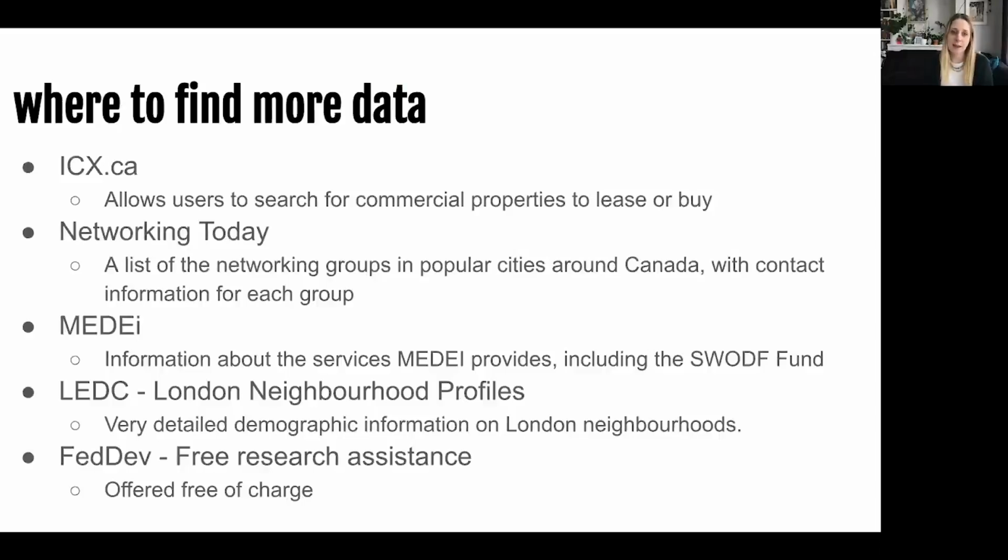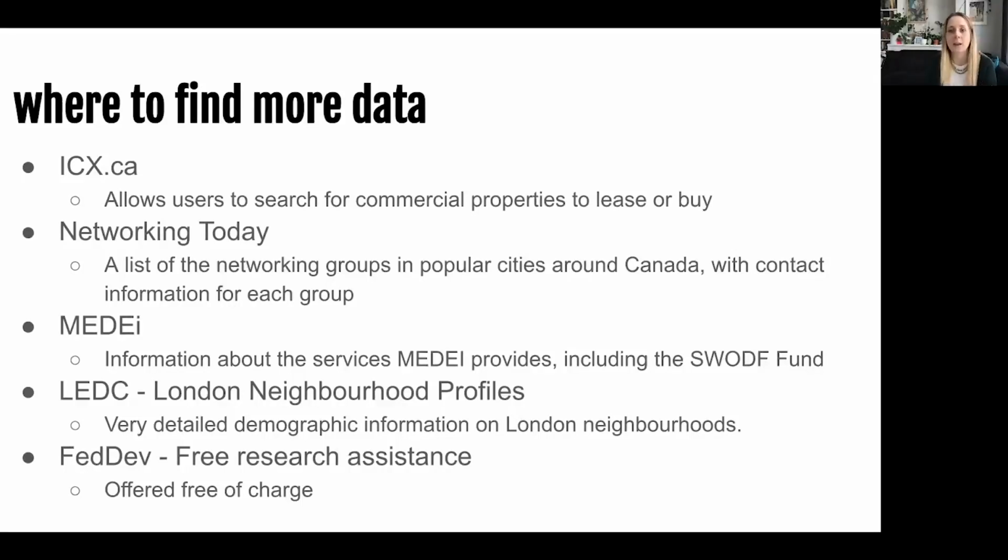Also, ICX Canada allows users to search for commercial properties to lease or to buy. Networking Today is a list of networking groups in popular cities around Canada. MEDEI, information about the services they provide, including the SWODF fund. LEDC has some great resources, particularly for London, Ontario.